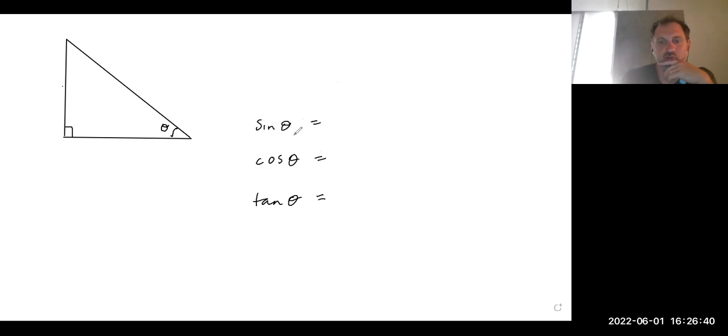So we can codify that by saying the sine of this angle is the opposite side over the hypotenuse. And the cosine of this angle is the adjacent side over the hypotenuse. And the tangent of this angle is the opposite side over the adjacent side. So it's just ratios of sides.